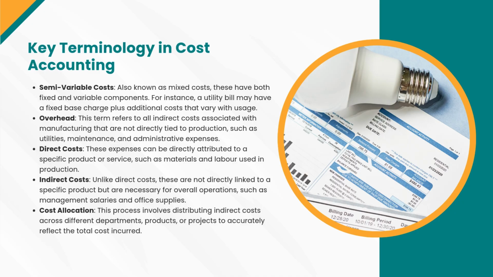These expenses can be directly attributed to a specific product or service, such as materials and labor used in production. Indirect costs. Unlike direct costs, these are not directly linked to a specific product, but are necessary for overall operations, such as management salaries and office supplies. Cost allocation. This process involves distributing indirect costs across different departments, products, or projects to accurately reflect the total cost incurred.